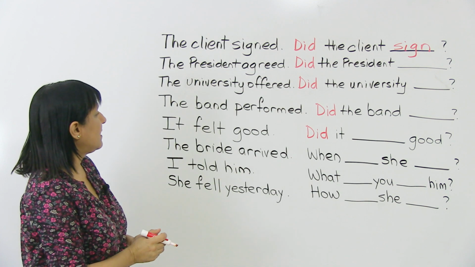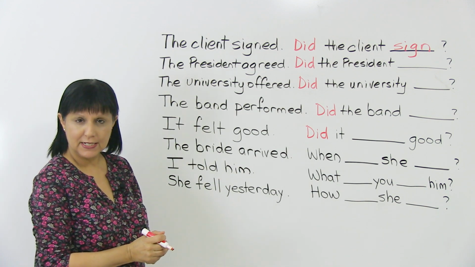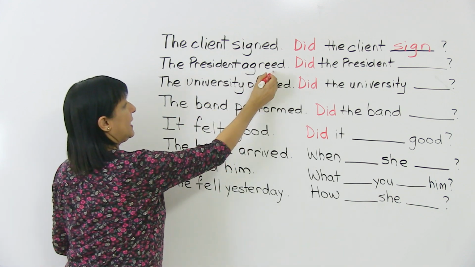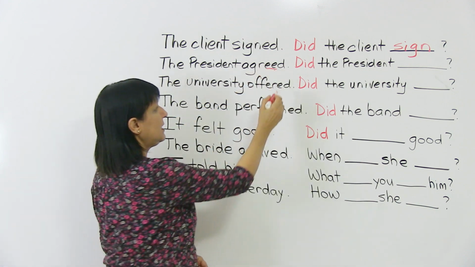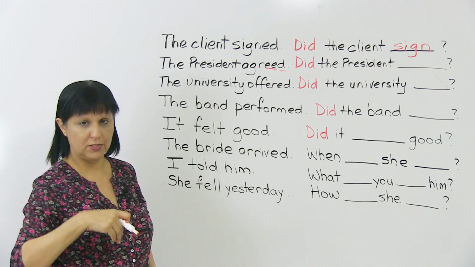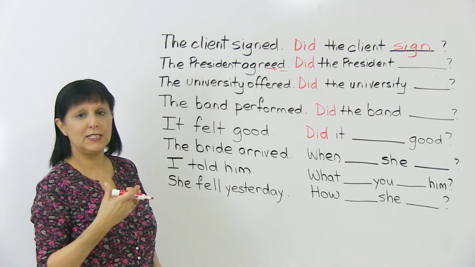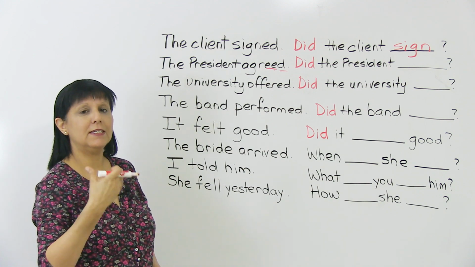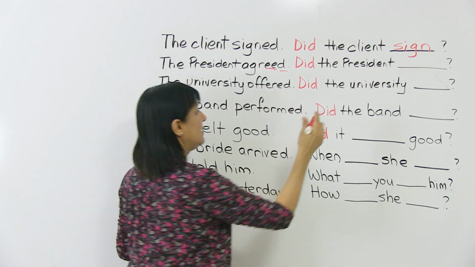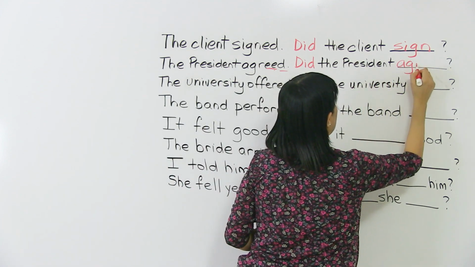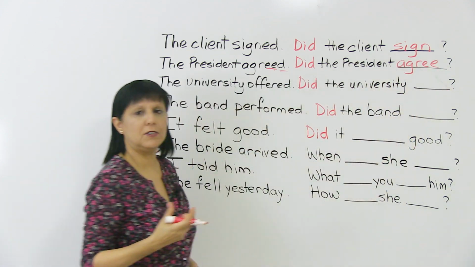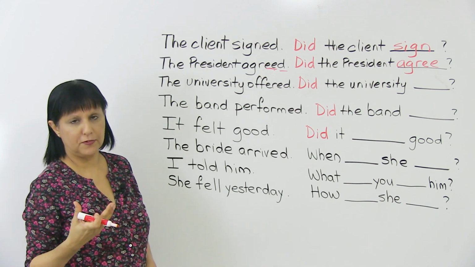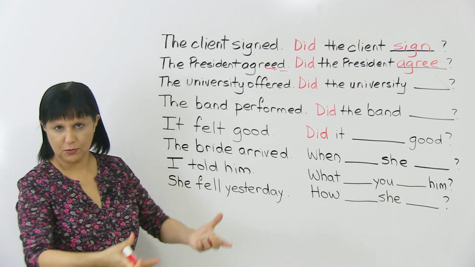Okay. Next, the president agreed. All right. This was an example of a verb which already ends in E. So we only needed to add the D, right, to turn it into the past tense. The president agreed. When we ask the question, it becomes, did the president agree? Okay, very good. The university offered. Now, I didn't have space to write the full sentence.